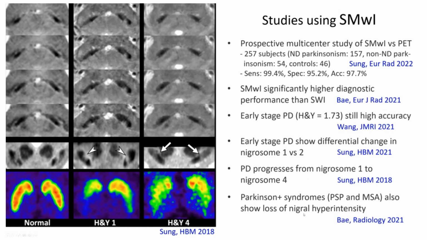We thought initially, or at least we hoped, that we could have this technique specifically for Parkinson's disease, and that didn't happen. As you probably know, a lot of different diseases like PSP or some subtypes of MSA also showed loss of nigral hyperintensity. So there is limited specificity to Parkinson's disease, but still it really gives you some information that is valuable for the clinical diagnosis.